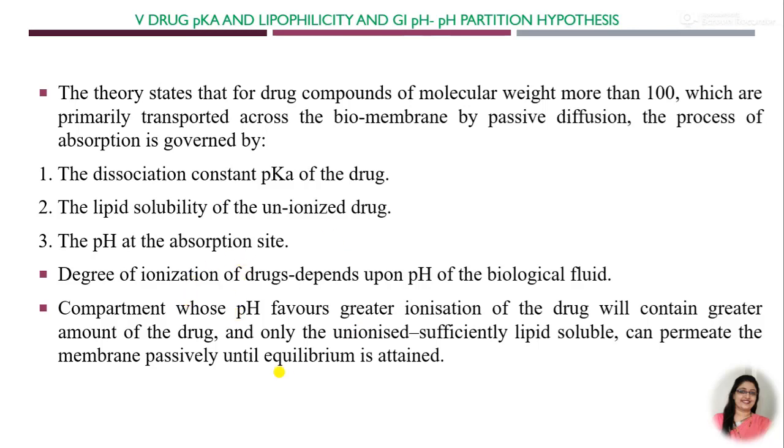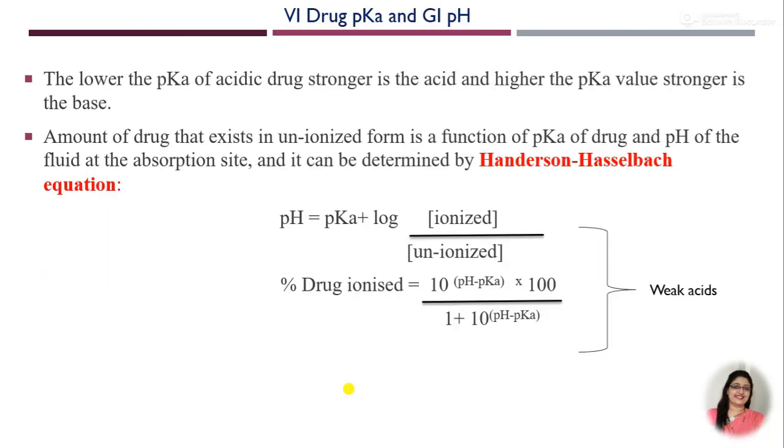The degree of ionization of a drug depends upon the pH of the biological fluid. A compartment whose pH favors greater ionization of the drug will contain a greater amount of ionized drug, and only if the unionized, sufficiently lipid soluble drug is present, it will penetrate the membrane passively until equilibrium is attained.